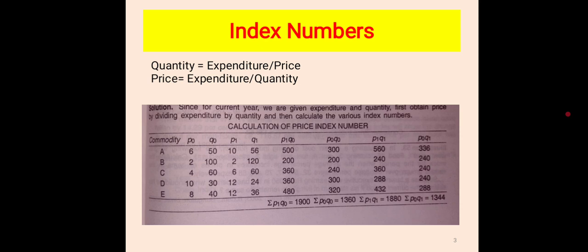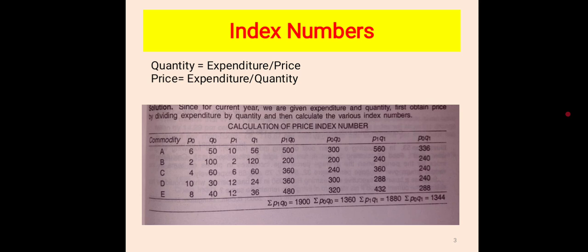The next we have calculated P1Q1, P1 into Q1. P1 of A is 10, Q1 of A is 56. 10 into 56 is 560, 2 into 120 is 240, 6 into 60 is 360, 12 into 24 is 288, 12 into 36 is 432.